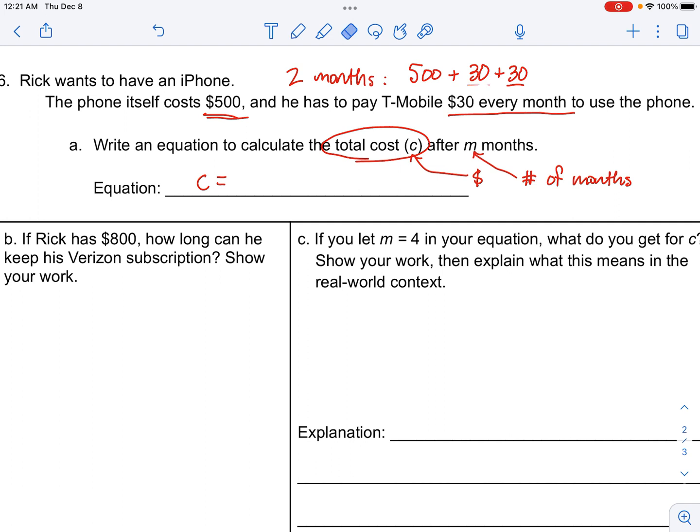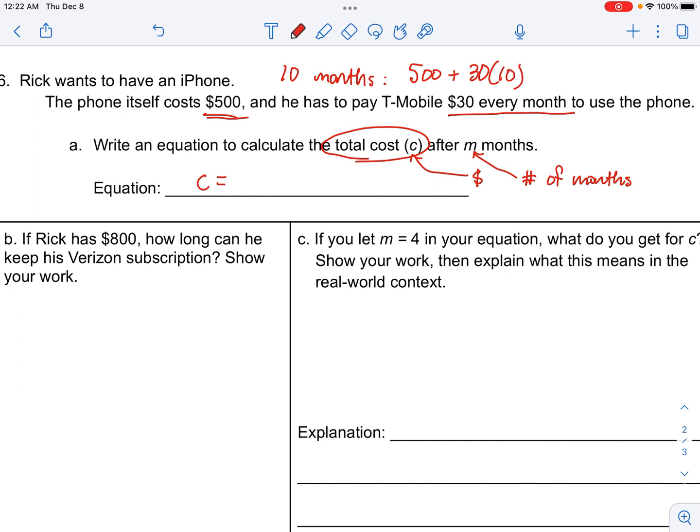Instead of adding 30 2 times, we can write that as 30 times 2. If I would change this to 3 months, I would have to change this to 30 times 3. Because Rick has to pay for the phone, the $500, and 3 months worth of $30 payments. If this changed to 10 months, this would also change to 10.